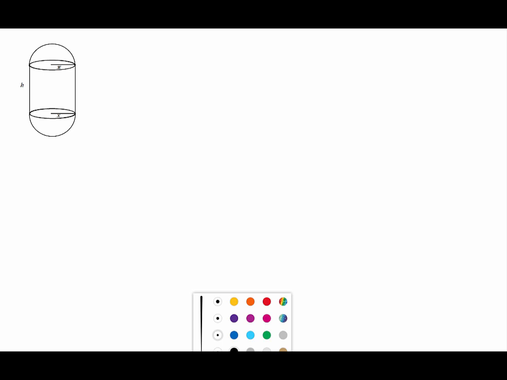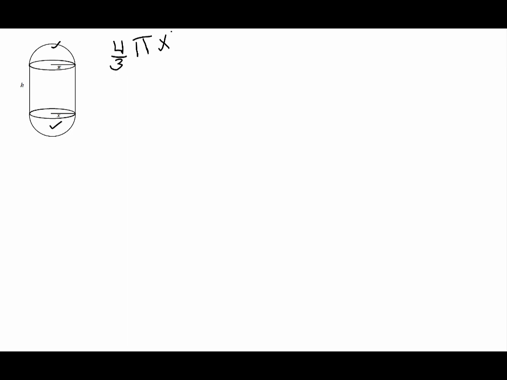So let's look at the hemisphere here and here, and we know that the volume of a sphere of radius x is 4/3 pi x cube, and the volume of a cylinder is pi times the radius squared times h, and that equals 12 cubic inches, right?